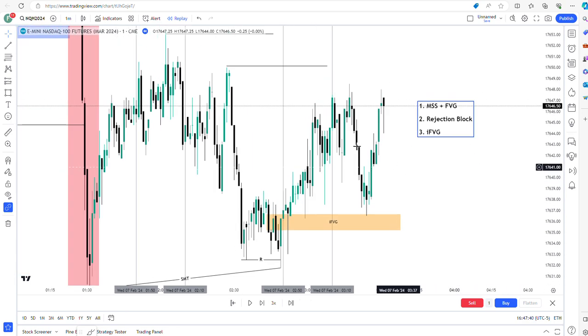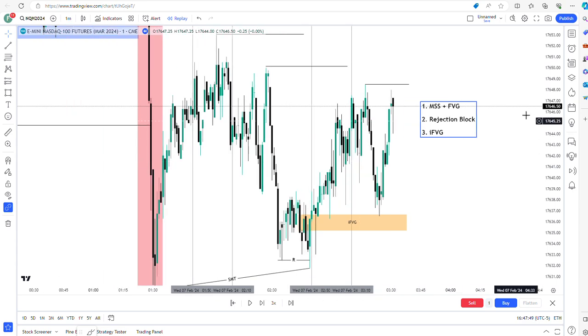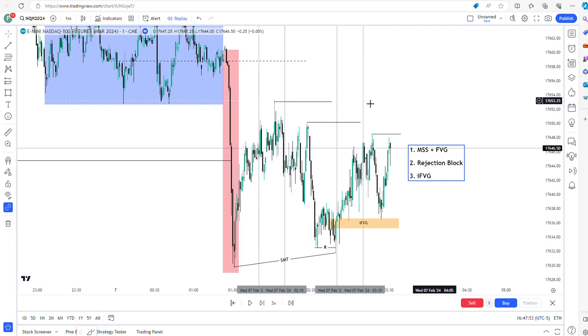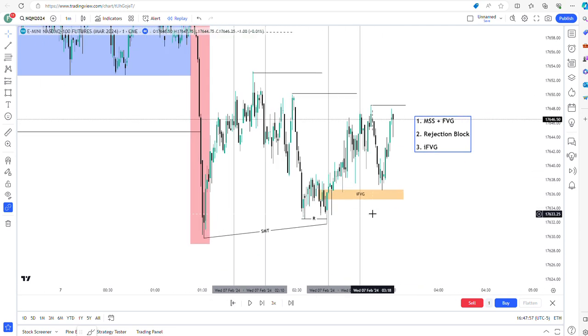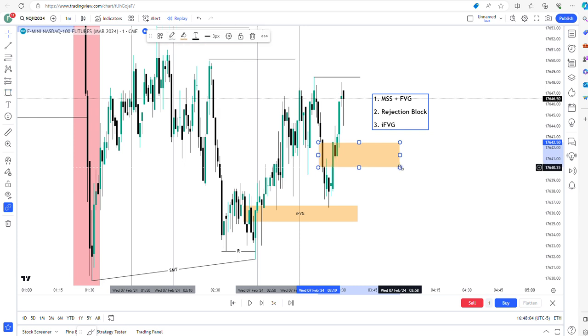Now, keep in mind, even once we've created this swing high here, we've still got the target, which is the original accumulation for the power of 3. That still exists. All I see this as is generating more buy-side liquidity. That's all we're doing. So even if you were stopped out here, you could then enter off this inversion fair value gap.